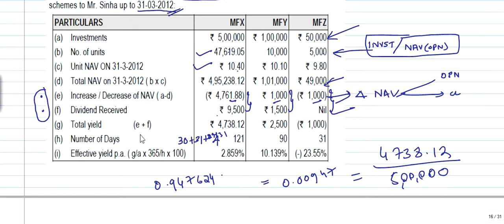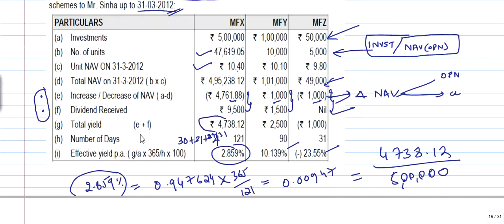We cannot write this as the percentage because it is only for the 4 months. So into 365 divided by 121, we should get 2.859 percent. For everything we have to calculate like this.